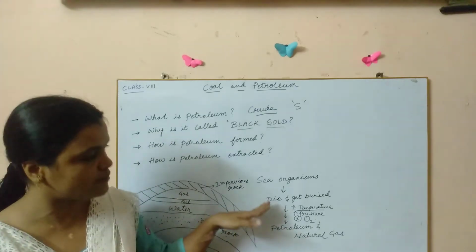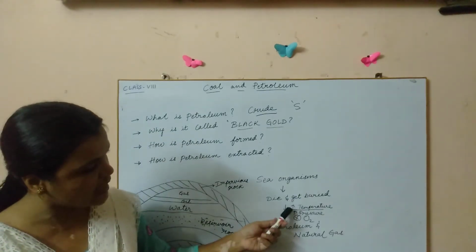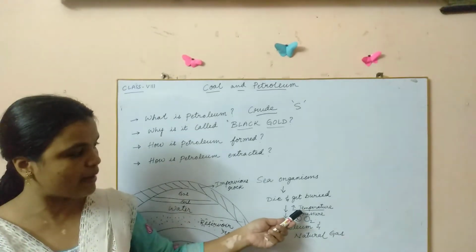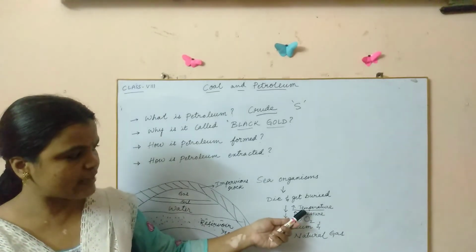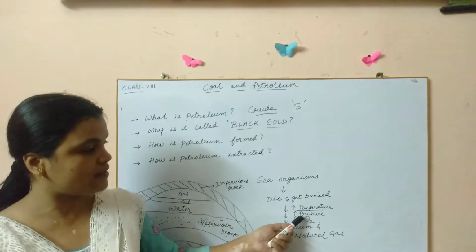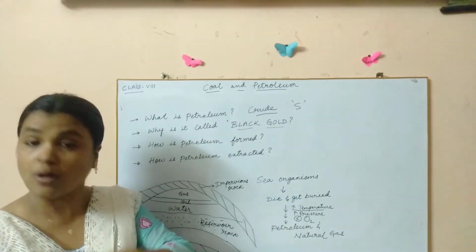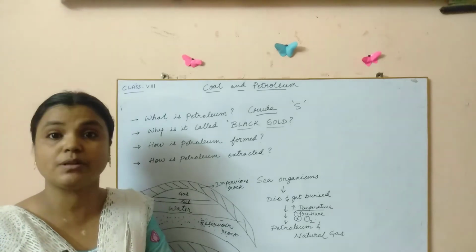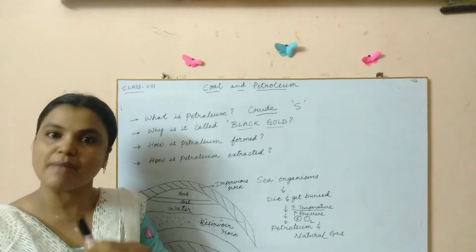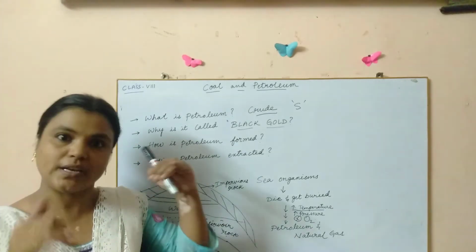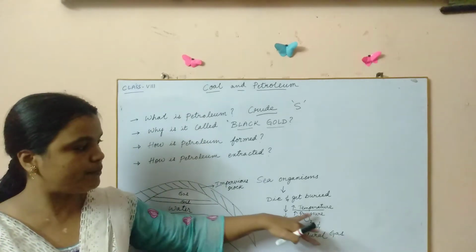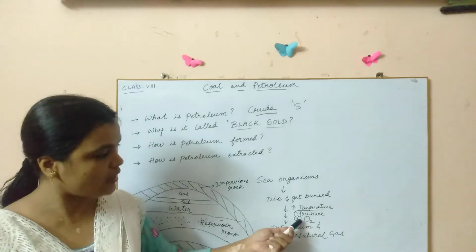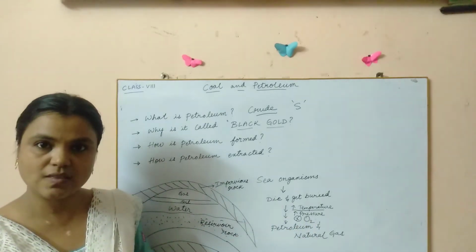When these organisms die and get buried, as they sink down into the deeper parts of the seabed, naturally the temperature would increase and there will be a lot of pressure, because it's already at the bottom of the sea. In our chapter on pressure, we learned that the pressure is maximum at the seabed, right? So when it sinks deeper and deeper, the pressure also increases along with the increase in temperature, and there will be no oxygen. Can you see here?